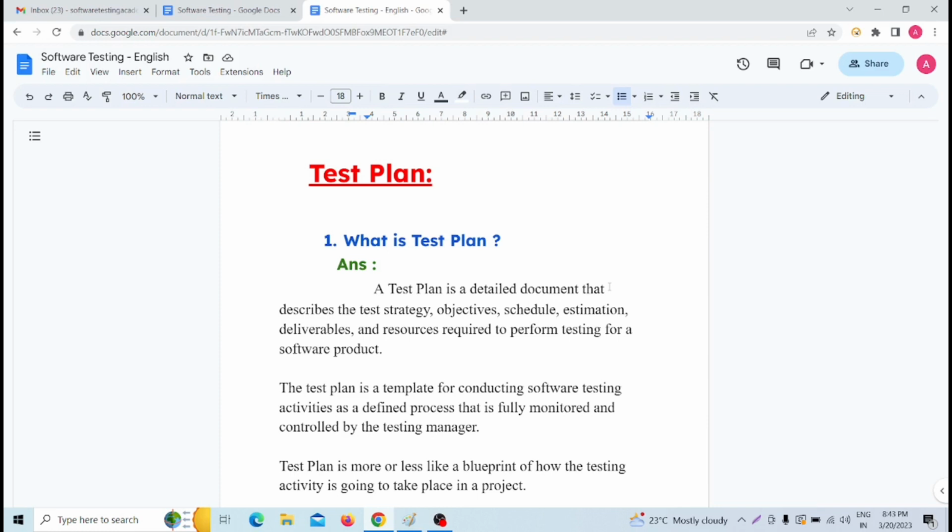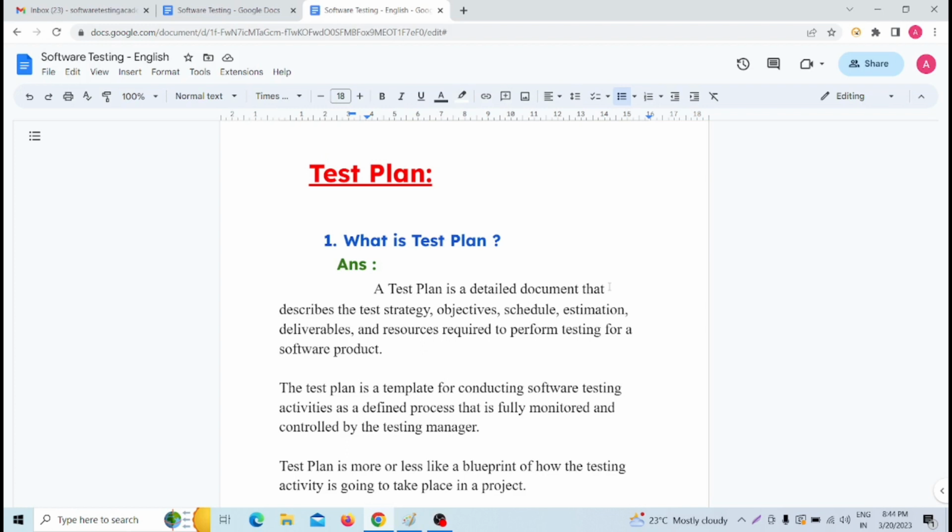Suppose you want to go on a trip, on a vacation. Then obviously in your mind there is some plan of what activities you will perform at that trip location. Anything you want to do, you have to make one plan.